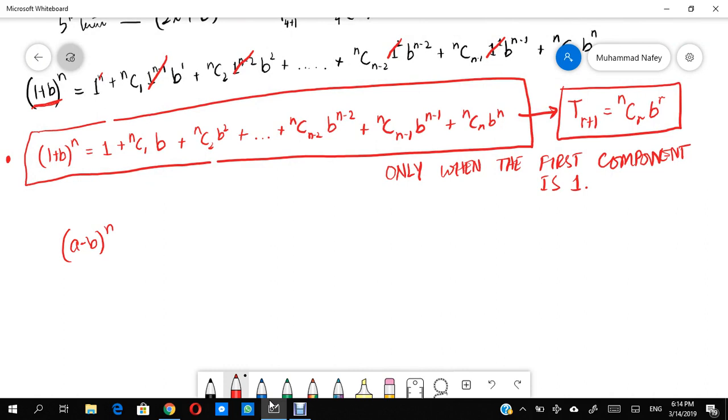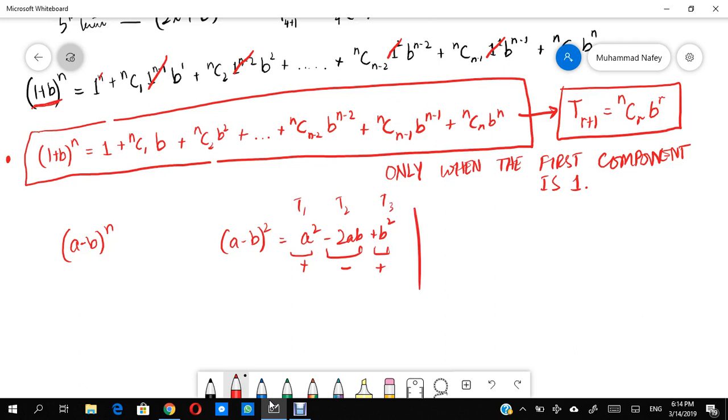So for that, let's go back to O-level maths and let's take a look at the expansion of a take away b whole squared. And that gives us a squared take away 2ab and b squared. You can observe one thing here very simply, that there's an alternation of positive and negative signs. The first term is positive, the second term is negative, followed by a third positive term. So this is T1, T2, T3.